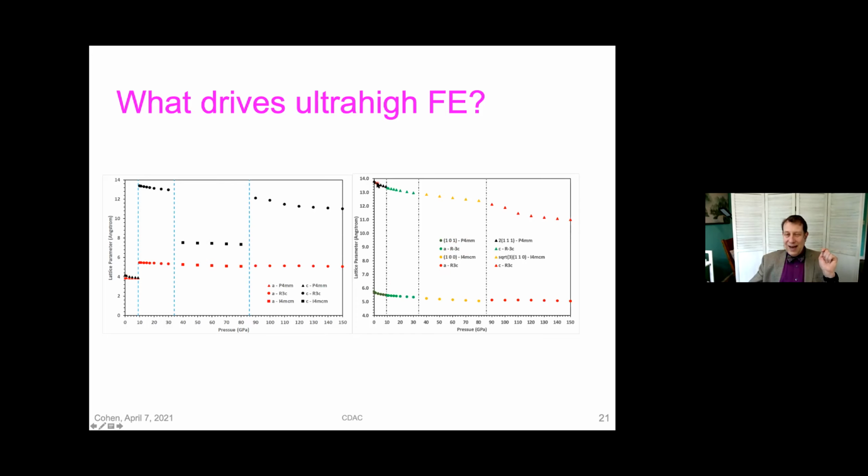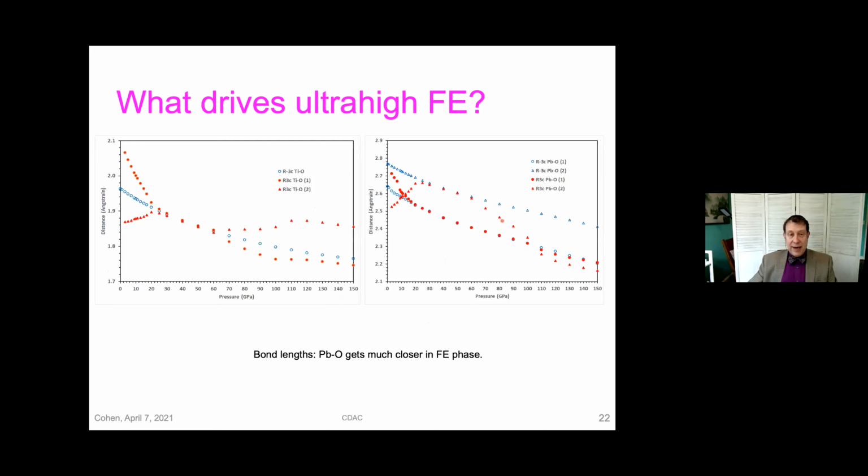Anyway, we mimicked what's going on in the different structures as a function of pressure. And you can see then that they really behave very smoothly with pressure. There are no big jumps when it goes from ferroelectric to non-ferroelectric, or from non-ferroelectric to ferroelectric. Everything is completely smooth. And so that's certainly not going to be a way that one's going to detect the ferroelectric phase transition. And it also doesn't explain anything.